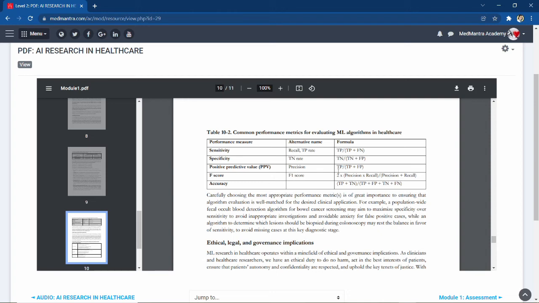F score. F score is the harmonized average of precision and recall. This metric captures the trade-off between other metrics, which is very relevant to the healthcare domain and widely used in the healthcare ML literature. Precision recall curve.